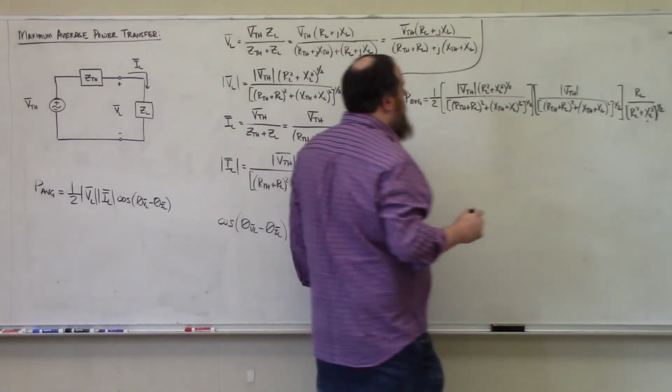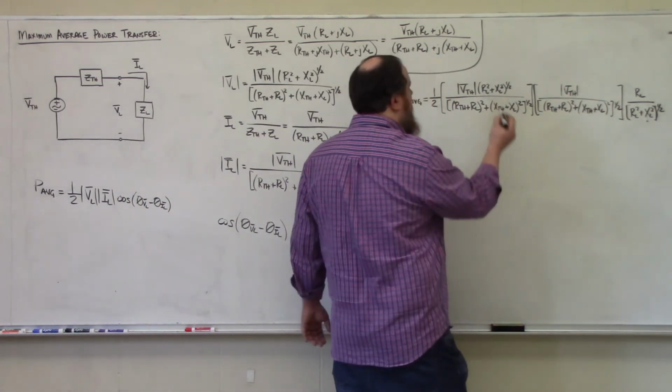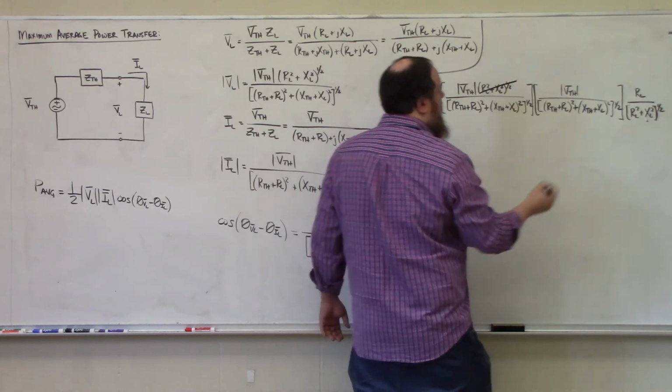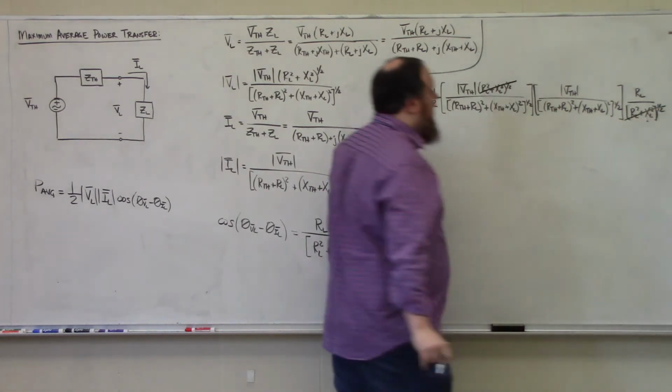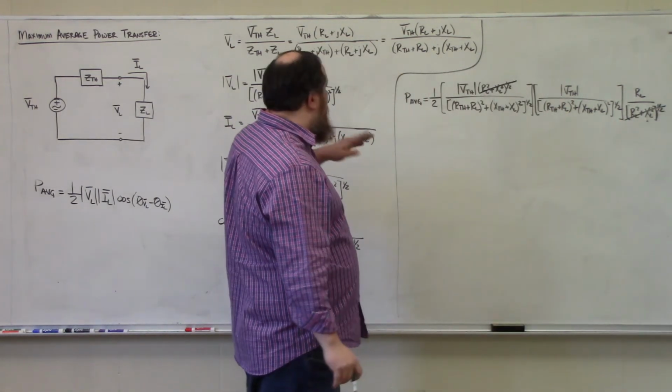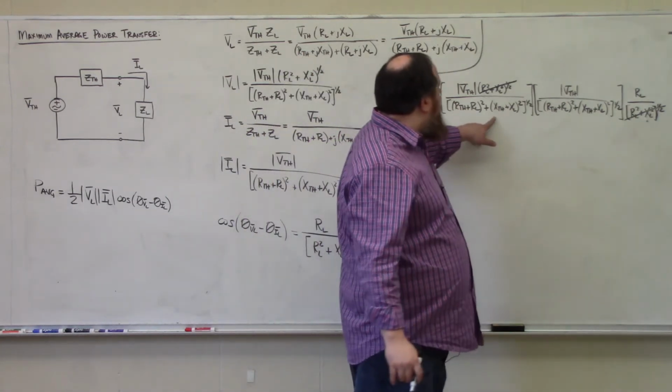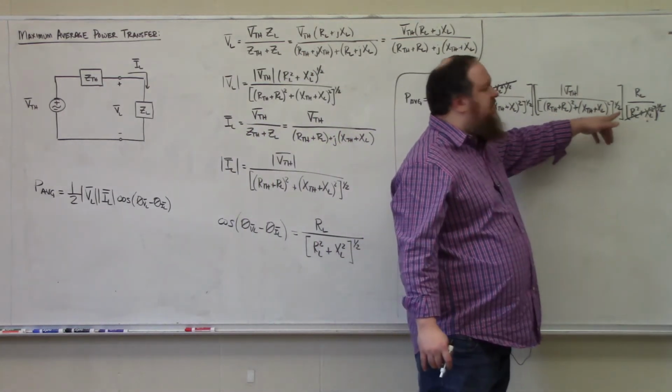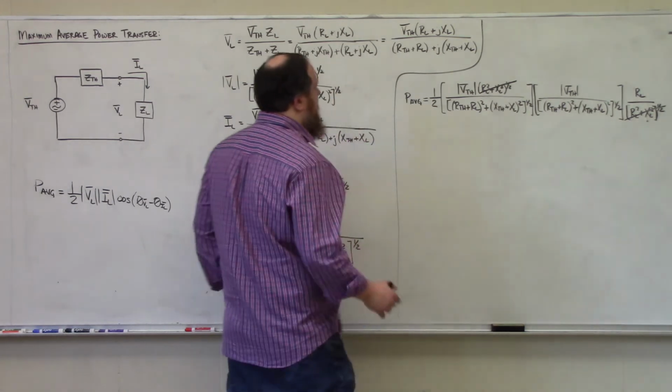So, first thing that we can see is that this guy and this guy cancel each other out. And this denominator multiplied by this denominator is going to get rid of those square root signs.